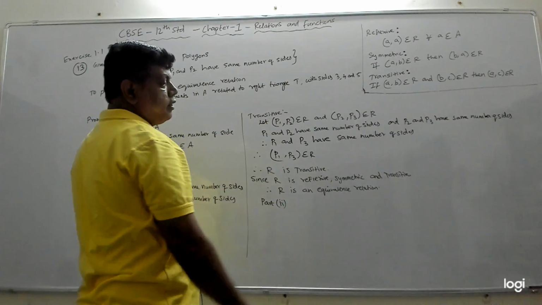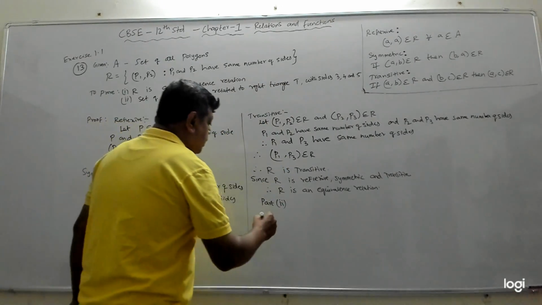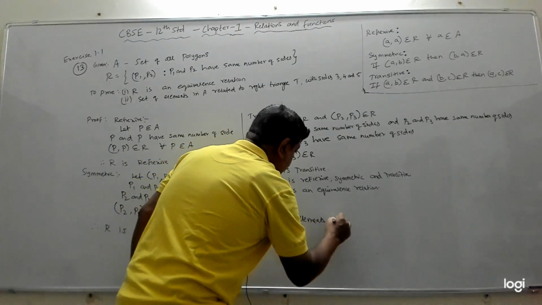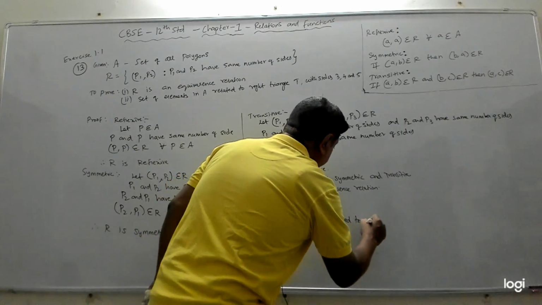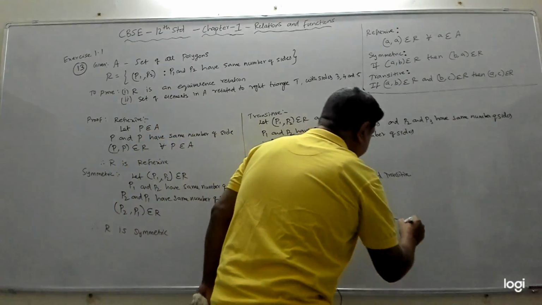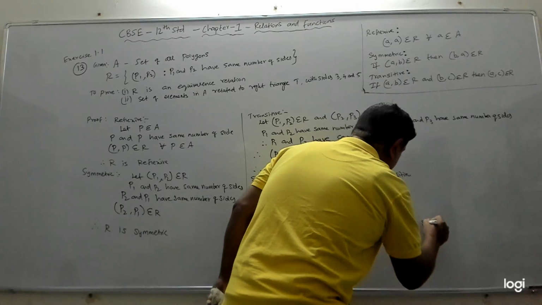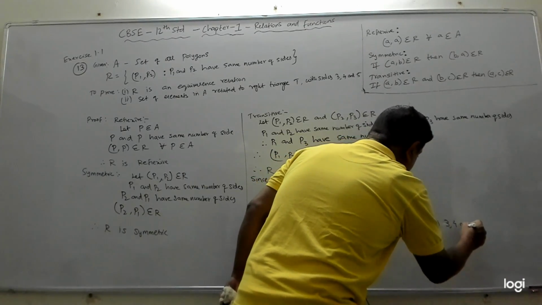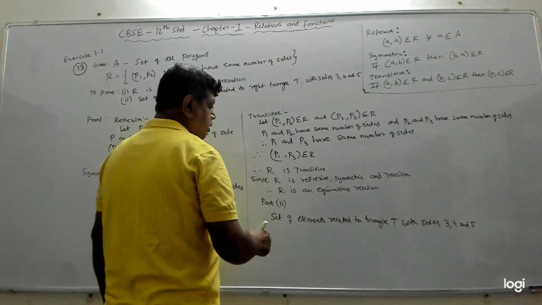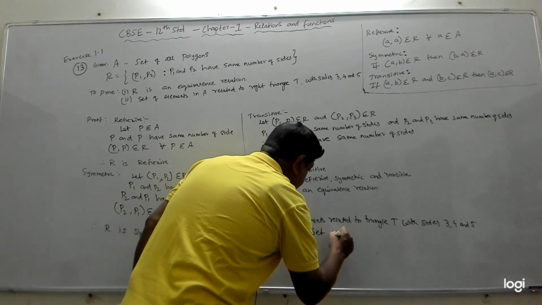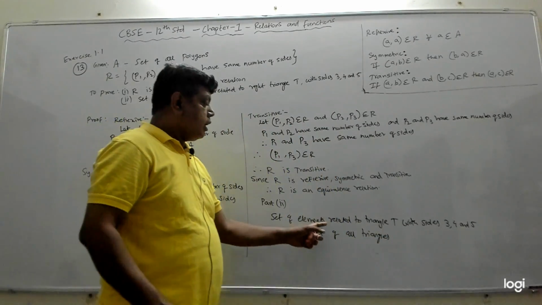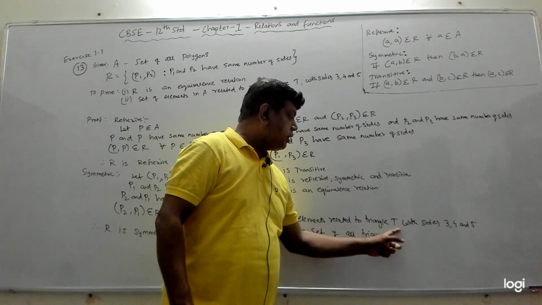It's a right triangle T. Now the set of all elements related to right triangle T with sides 3, 4 and 5 will be equal to what?